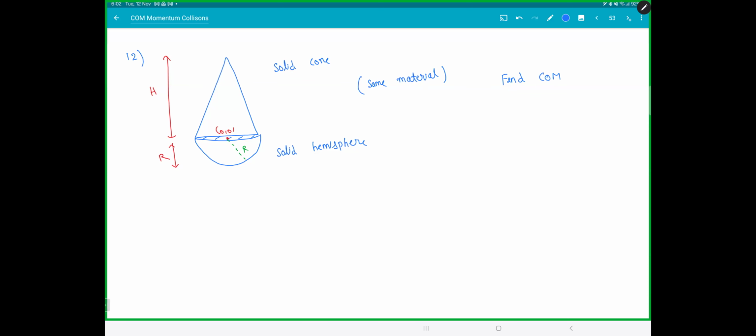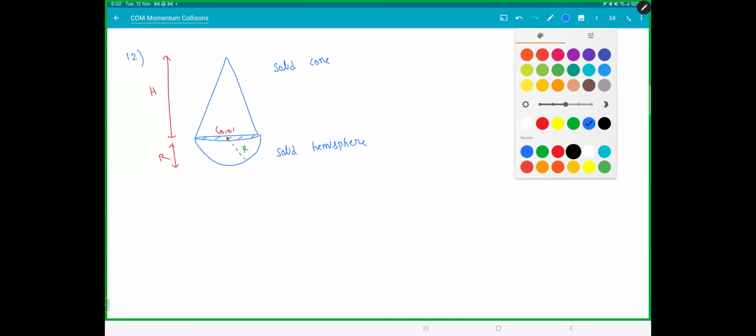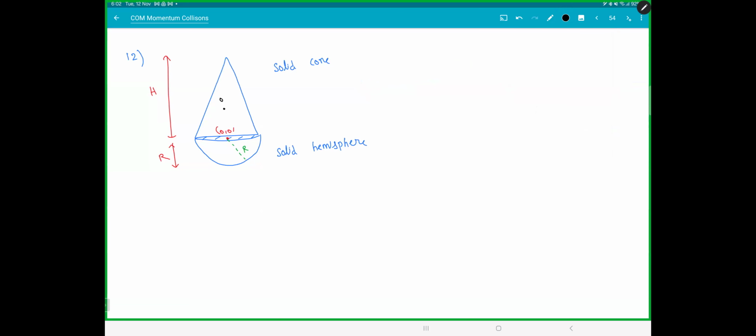Let's see. So this will be 0, comma h by 4. Let the mass be m1, which is density into volume of the cone, 1 by 3 pi r square h.